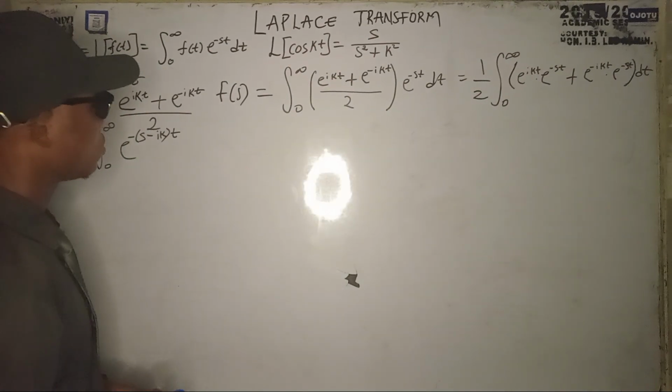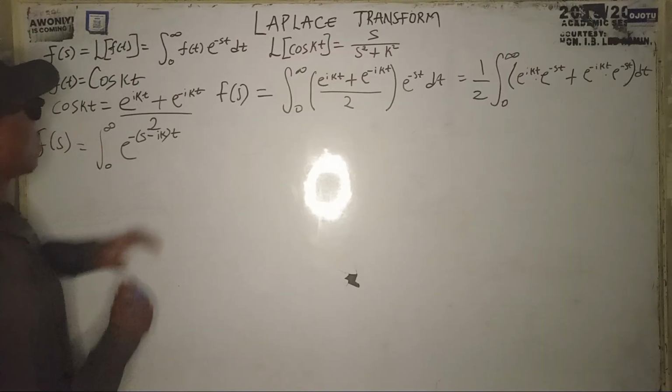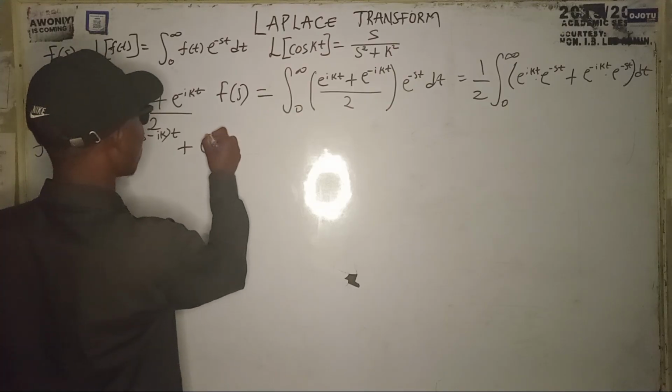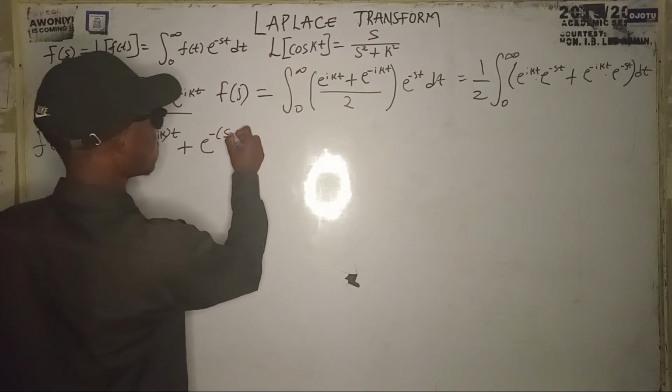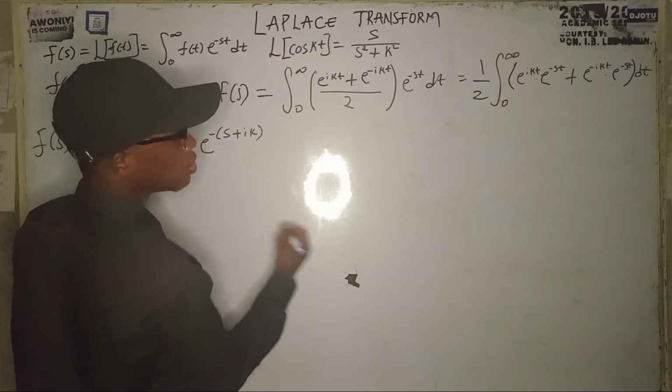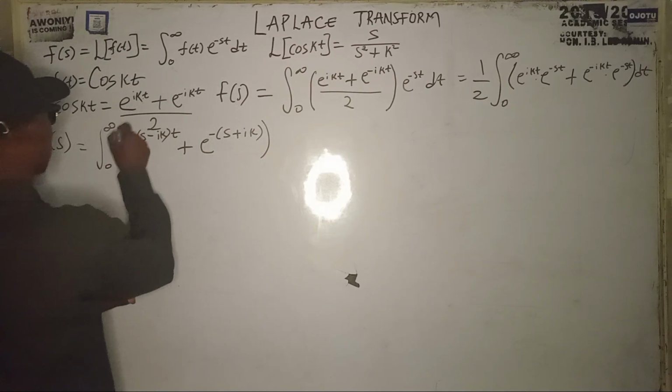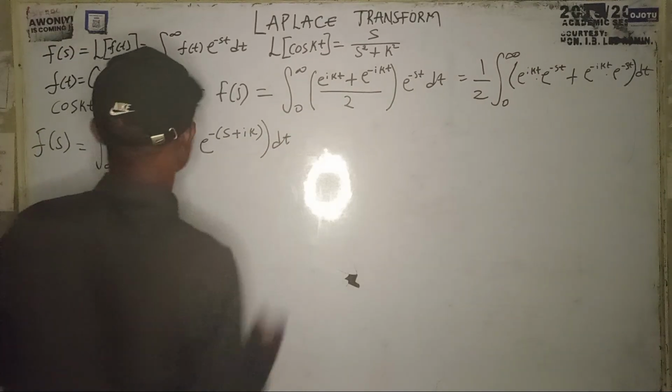So let's move on with that. Plus in the other way, e raised power minus open bracket s plus ik, and we put the bracket back, dt.